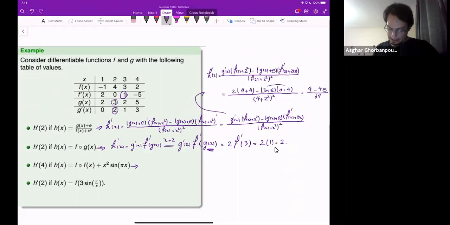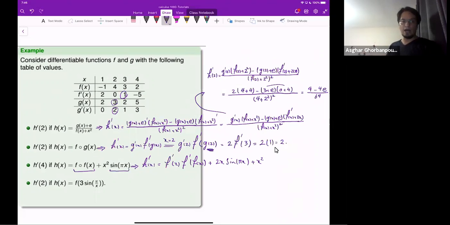How about this one? If h is that, h prime of x is going to be, well, the composition of two functions, the derivative of the inner one. In this case, the inner one and outer one are the same thing. So f prime at x times f prime evaluated at the inner one, plus product rule, 2x times sine of pi x, plus x squared times the derivative of sine of pi x.